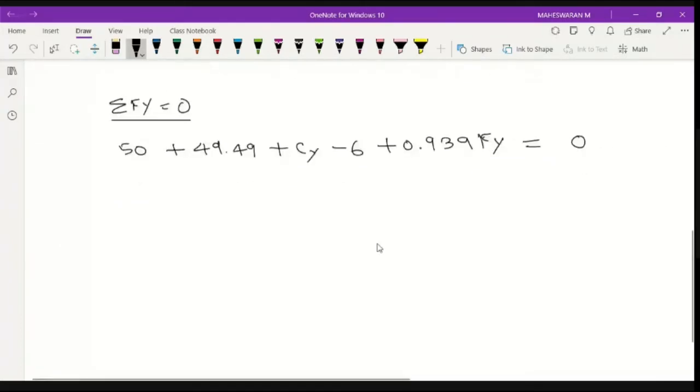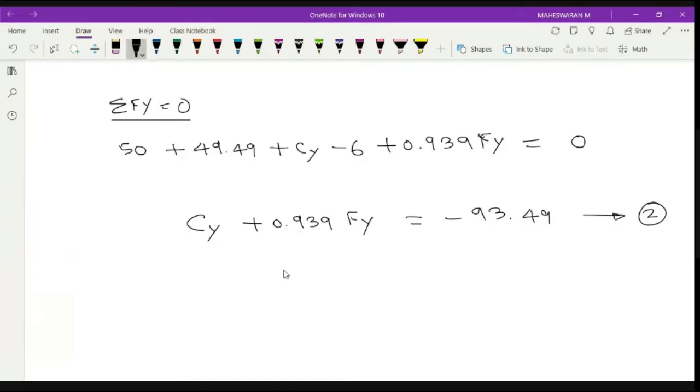So again, I can equate it. So I can put it as Cy plus 0.939 Fy is equal to the remaining, whatever we have. So remaining, minus 93.49. Very good. So this is equation number 2.